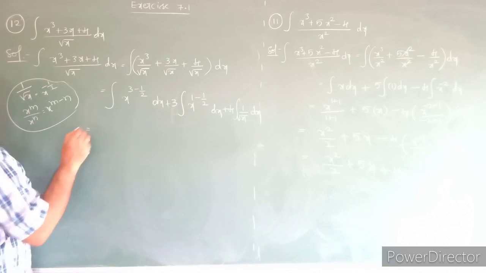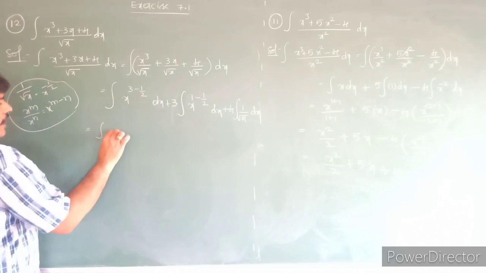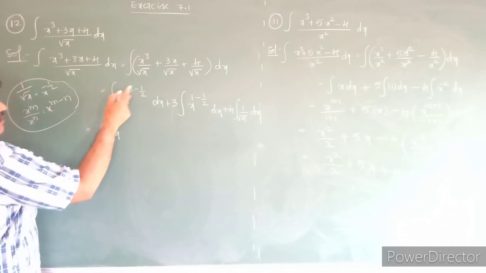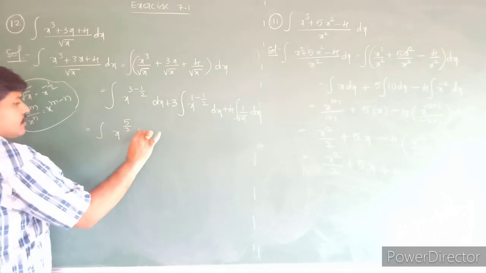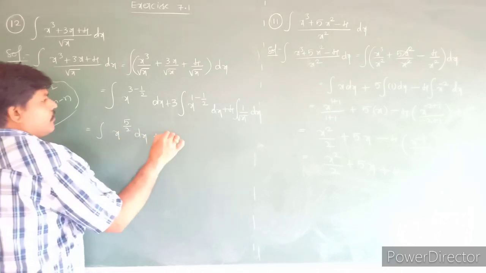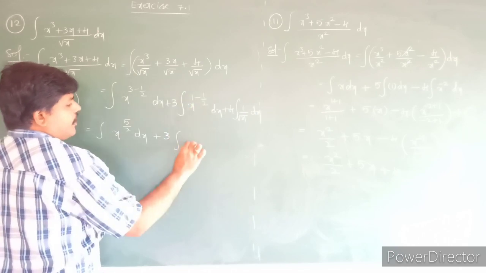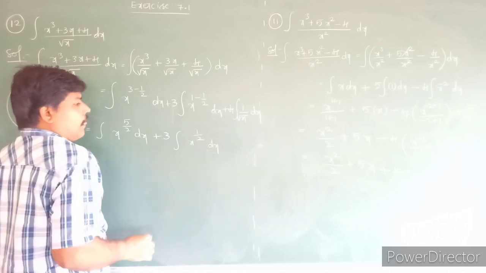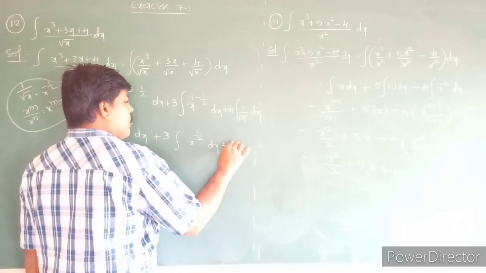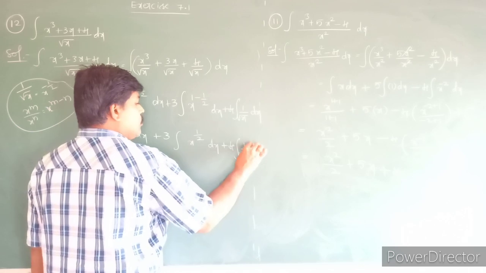So that implies that is equal to integral of, take the LCM, x power 6 minus 1, that is 5 by 2 into dx, plus 3 into x power 1 minus 1 by 2, which is nothing but 1 by 2, into dx, plus 4 into integral of 1 by root x into dx.